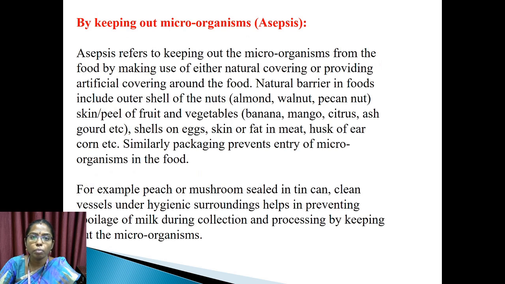Keeping out microorganisms: asepsis refers to keeping microorganisms out of the food by making use of either natural covering or providing artificial covering around the food.